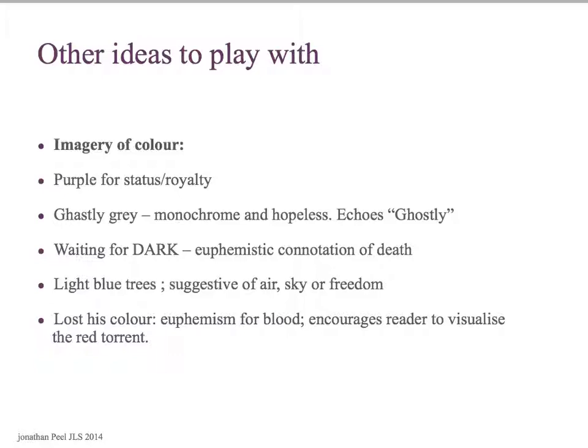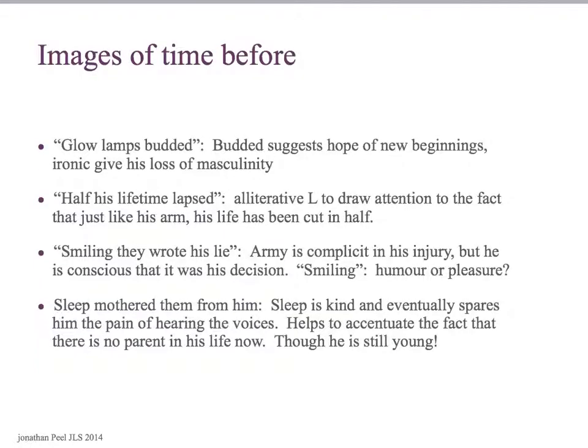Everything was gay, it says, and light blue, airy, freedom. And this euphemism for blood as he lost his colour, perhaps allows the reader to visualise the torrent that pours out of him. And I'm interested at this point, just to make mention in the poem, by the fact that Owen seems to wish to euphemize death.